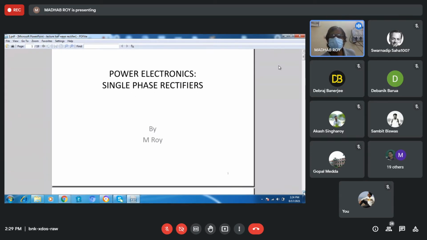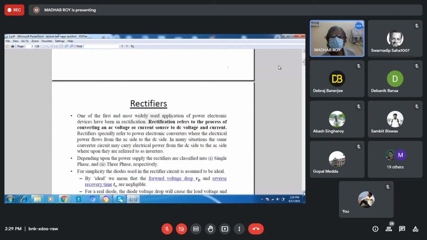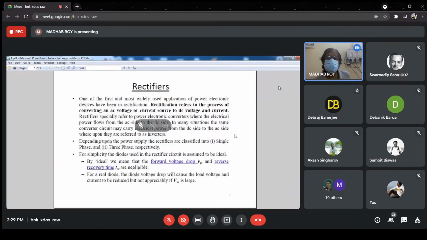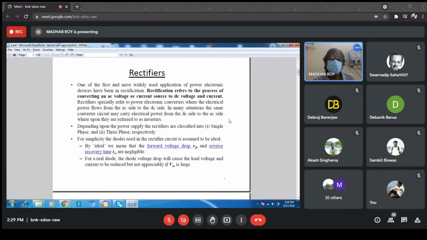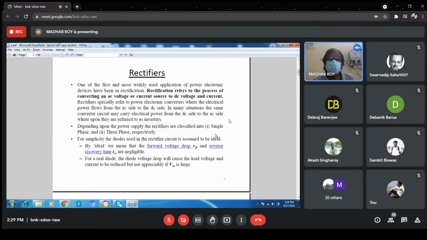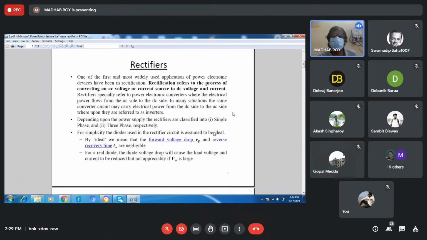Now the first part is rectifiers. What are rectifiers? One of the first and most widely used applications of power electronic devices has been in rectification. Rectification refers to the process of converting an AC voltage or current source to DC voltage and current.